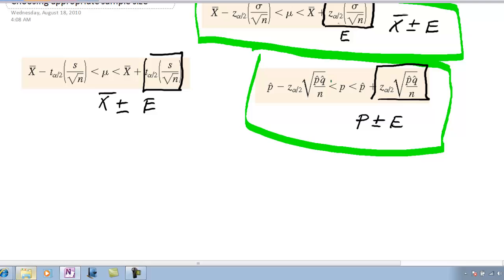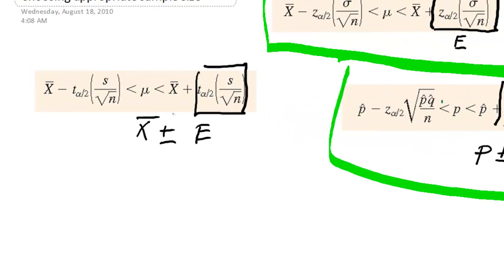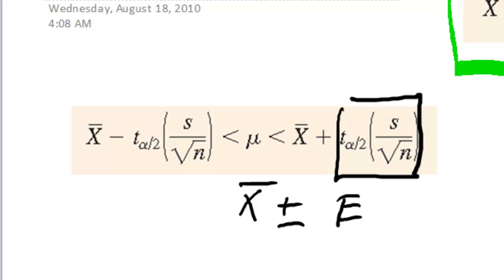There's only one possible value for that z alpha over 2 because there's only one curve. But over here, every time I adjust n, I have to adjust t. So this is a much more complicated problem. I can't get n by itself, because t alpha over 2 is also a function of n. Remember, it relies on the degrees of freedom, which is a function of n.